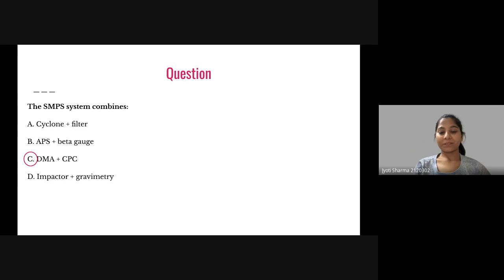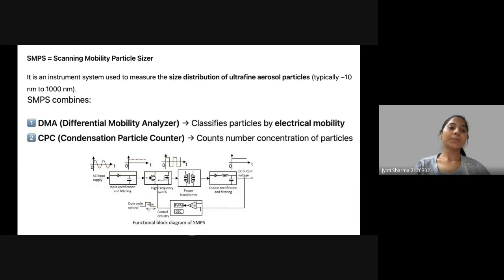Okay, let me tell you. SMPS is scanning mobility particle sizer, and we are combining two things here. DMA, the differential mobility analyzer, will classify the particles based on electrical mobility.